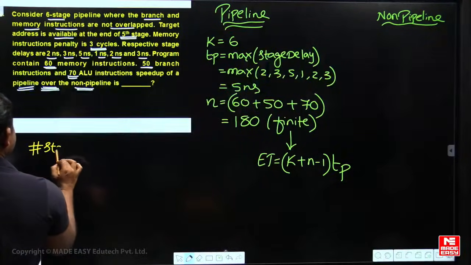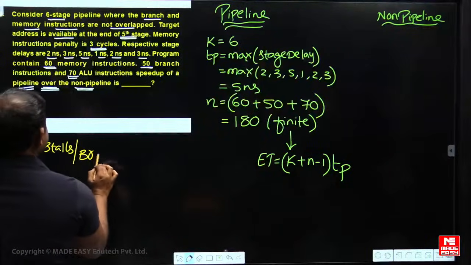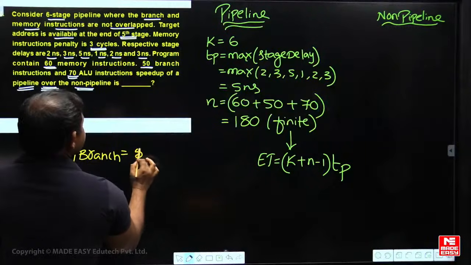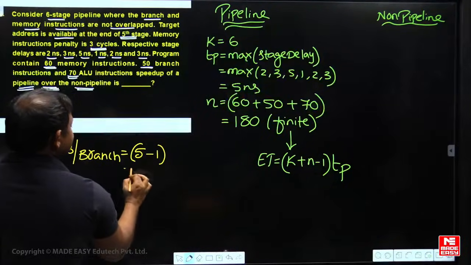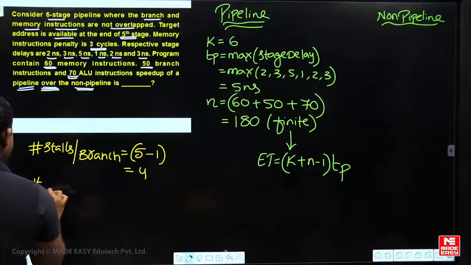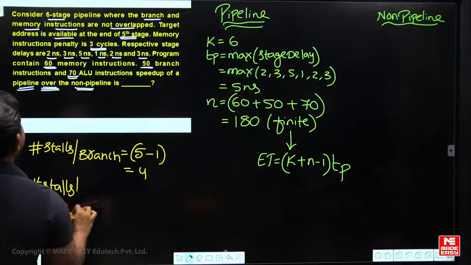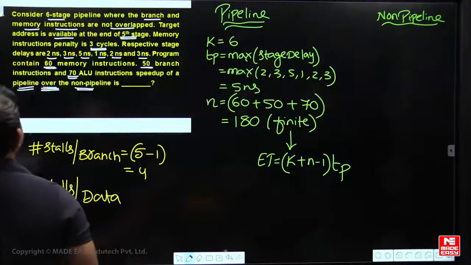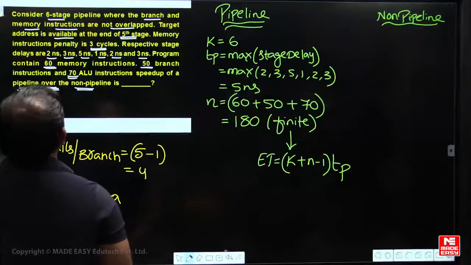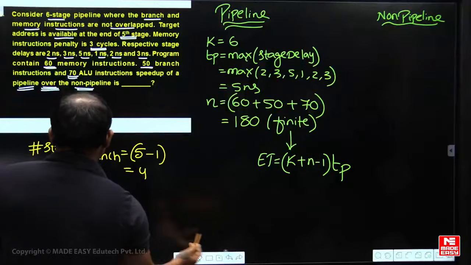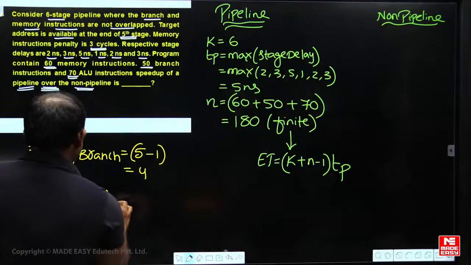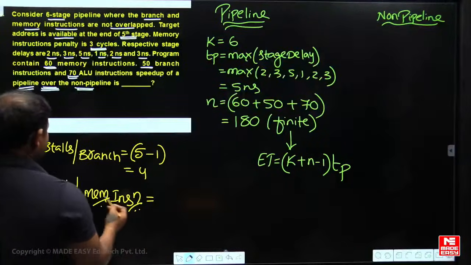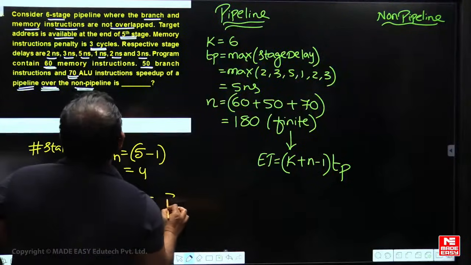Let us calculate. Number of stalls per branch: branch instructions penalty, in the 5th stage the target address is available, minus 1, so 4. Number of stalls per data transfer, that is memory instructions penalty per memory instruction, is already given.